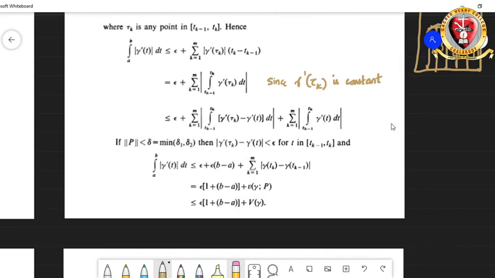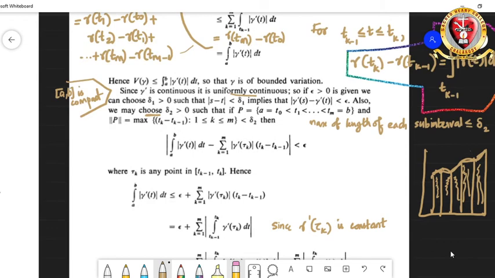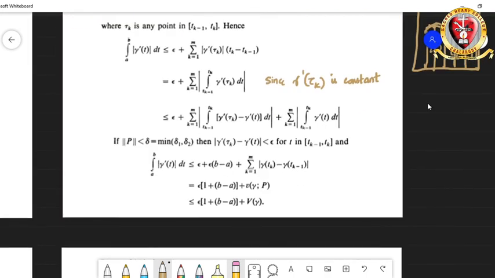Okay, so then if this is so, we know that modulus of gamma dash of tk minus gamma dash of t is strictly less than epsilon by the first uniformly continuous property. We said that if modulus of s minus t is strictly less than delta 1, that will imply modulus of gamma dash of s minus gamma dash of t is strictly less than epsilon, right? So whenever the maximum length of a subinterval is strictly less than delta, that will obviously imply it is strictly less than delta 1 since it is the minimum.